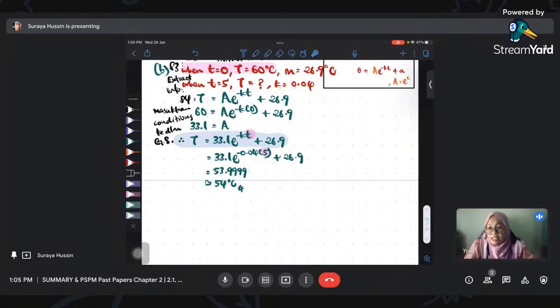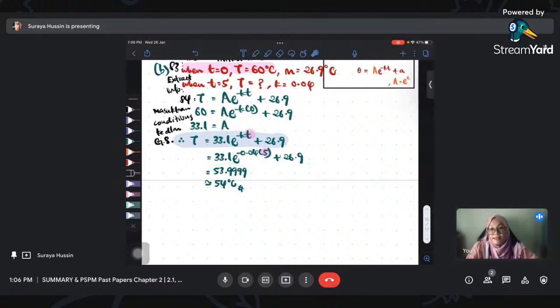Kalau dia dah bagi, pakai je, jangan susah payah nak cari. Pakai je K ni. And then everything here is numbers. Tinggal nak type dalam calculator. Type it in into your calculator and you will get the answer.